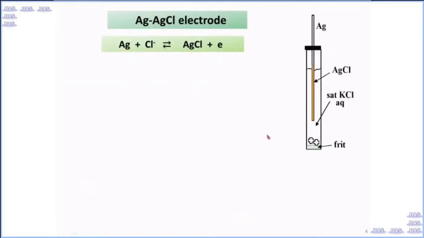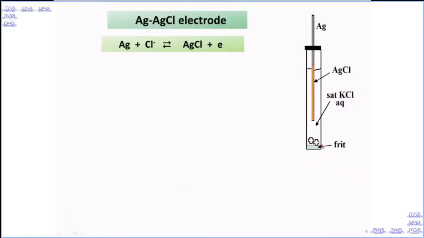This is a schematic figure of this AgCl electrode. The Ag wire is coated with AgCl salt on the Ag wire surface. This wire is immersed in potassium chloride, a saturated potassium chloride aqueous solution.